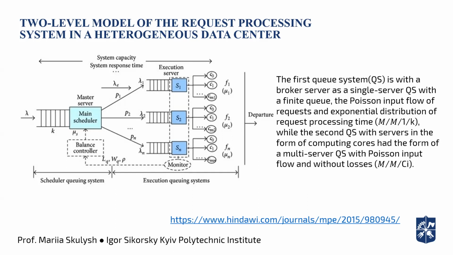So now we have a mathematical model of the processing of requests. When you have the main scheduler, you have n processing elements. These n processing elements have their own queue and their own scheduler.